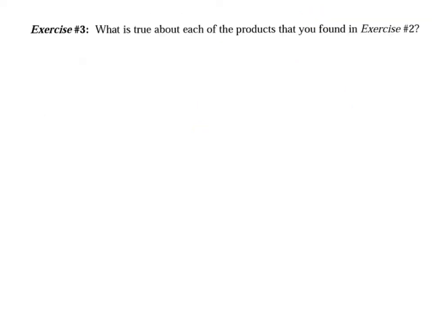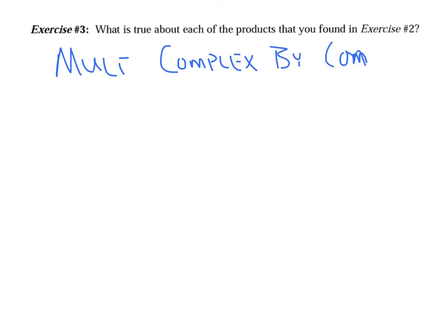All right, quick recap, and let's put this in words and let's get this documented in our notebook. They want to know what's true about each of the products you just found in the last example with the 3 problems. So real quick, what we were doing was multiplying complex numbers by their conjugates, and what did we notice happened? Okay, 2 things I want to document.